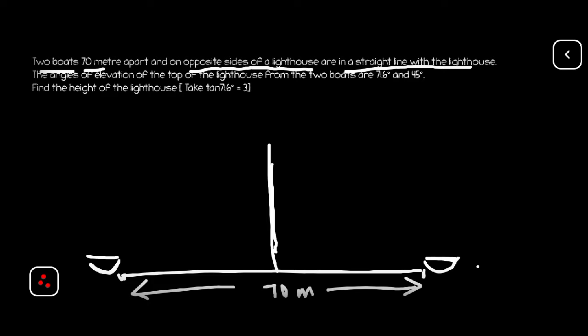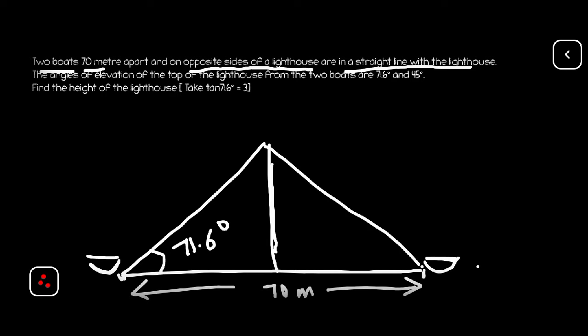So from one of the boats we have the angle of elevation from here to the top, 71.6 degrees, and from the other one to the top is 45 degrees. I think we got the diagram right. Now what I want us to find is the height of the lighthouse.